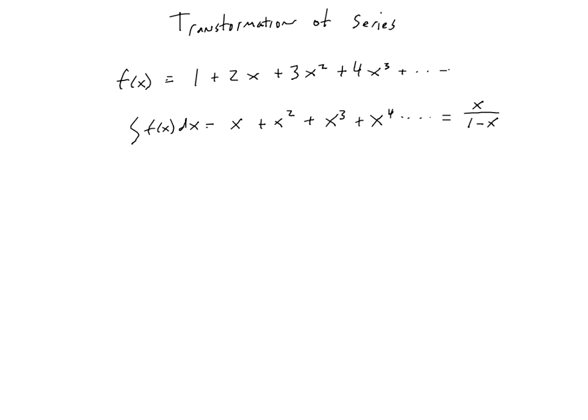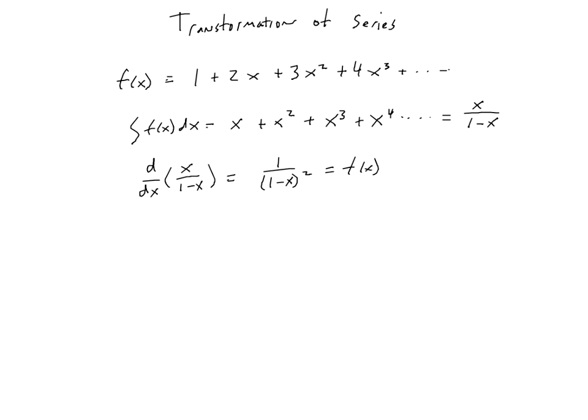Now, if you want to find the original series, you simply take the derivative of your analytic solution, and that's going to be equal to 1 over (1 minus x) squared. And that is your f of x.